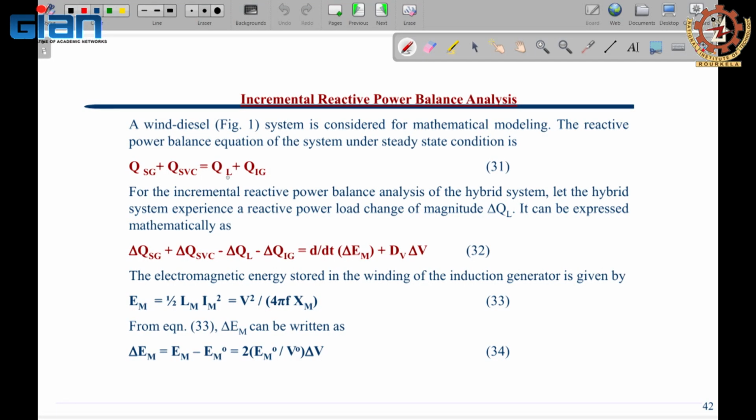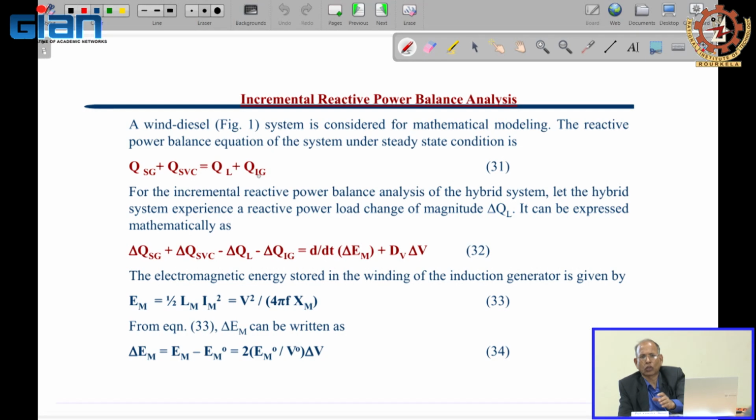For example, here the synchronous generator supplies the reactive power, SVC supplies the reactive power, the load generally consumes the reactive power. The induction generator, which could be based on wind or small hydro, consumes the reactive power. If you have got photovoltaic or some other generator, you suitably modify these equations.